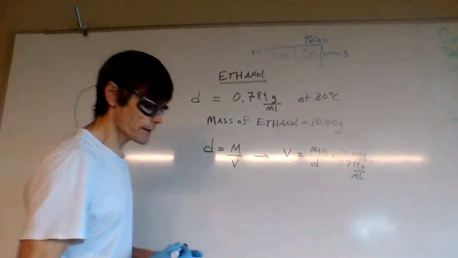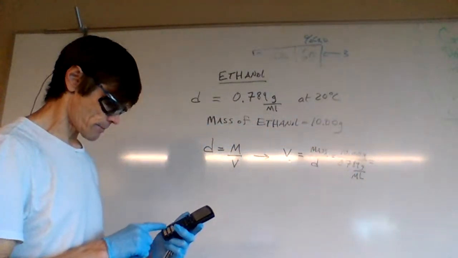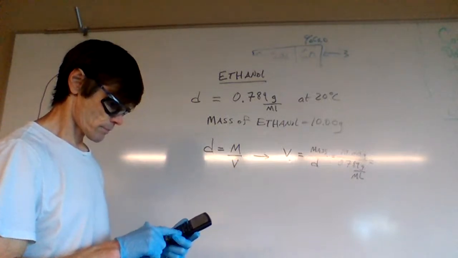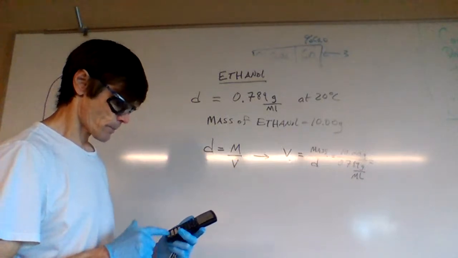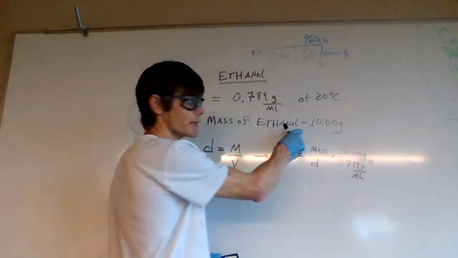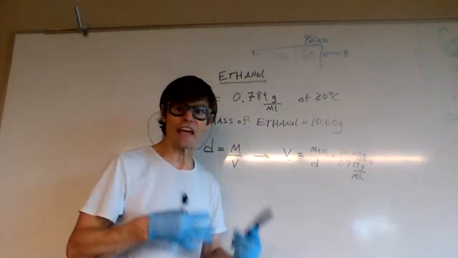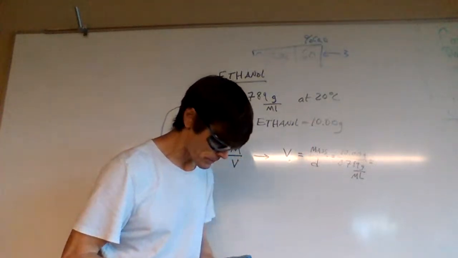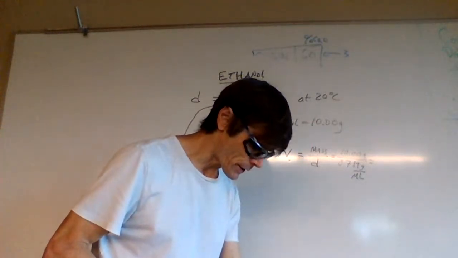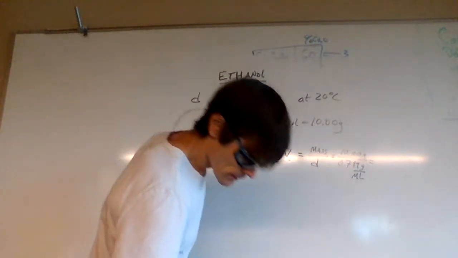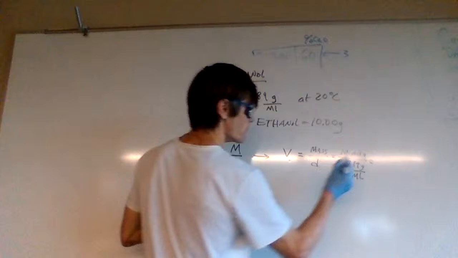If we take 10 and divide it by 0.789, and I would use 4 significant figures. Let's treat the mass as our data, and that's what's going to limit our significant figures. We would require 12.87 milliliters.